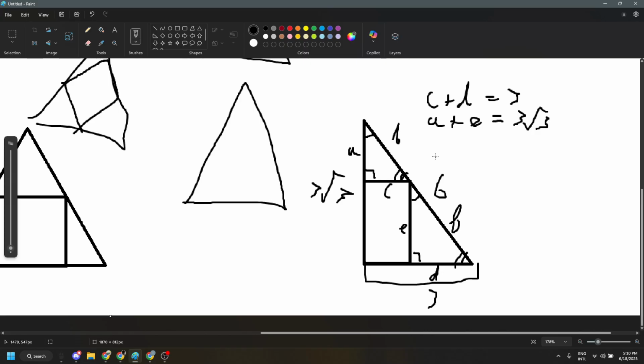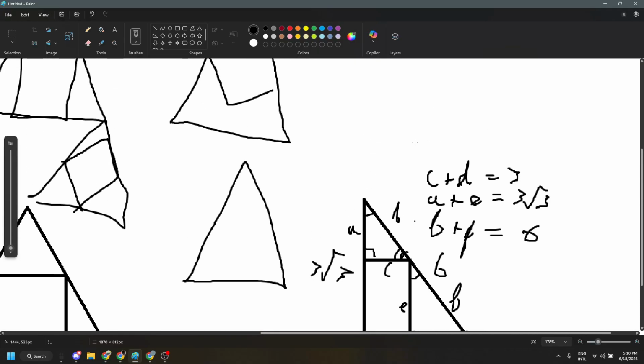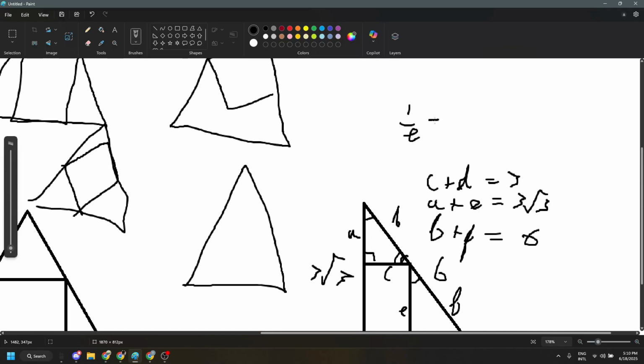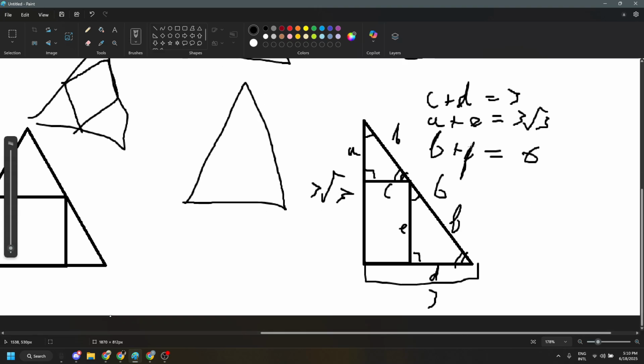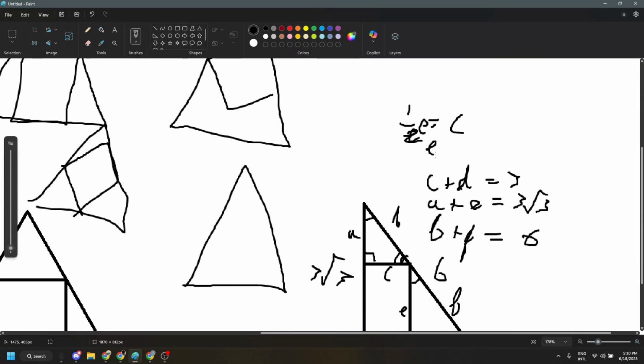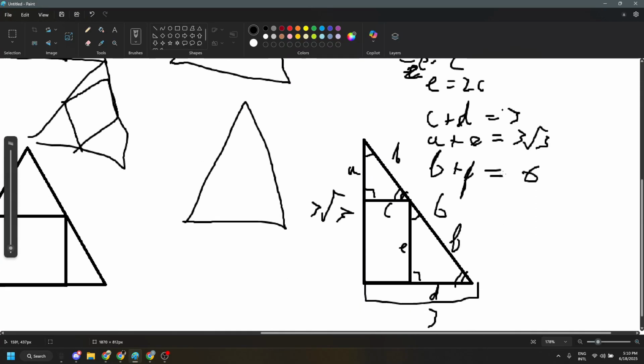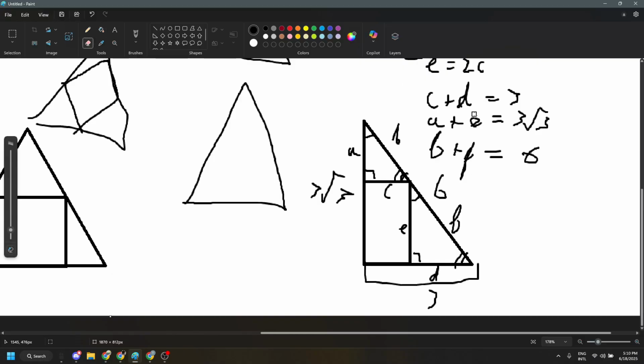And B plus F is equal to 6. We also know that C is 1/2 E, so I could just replace E with 2C.